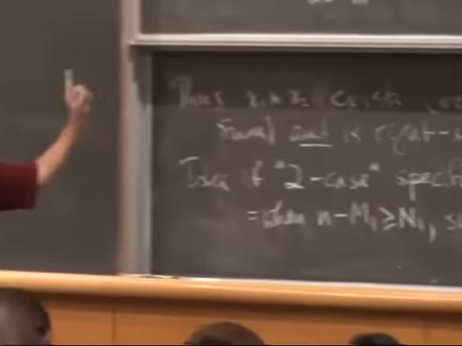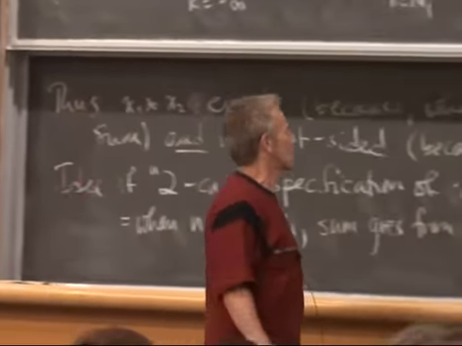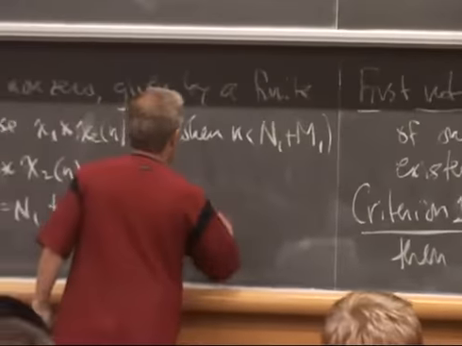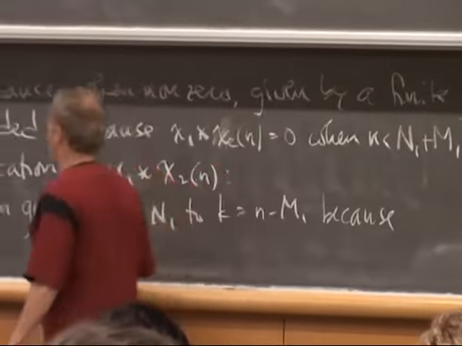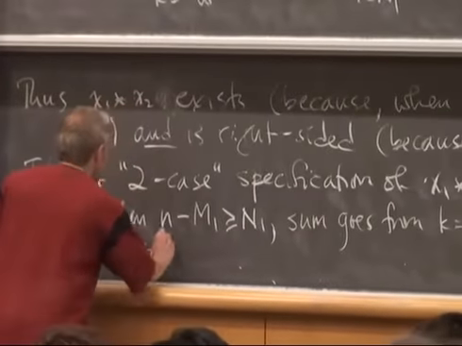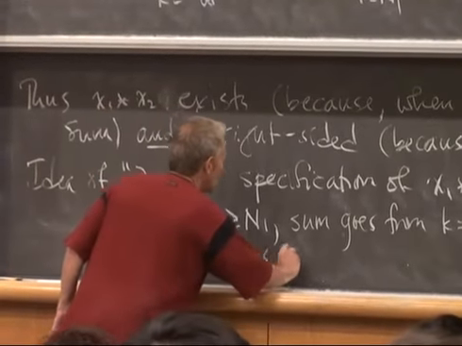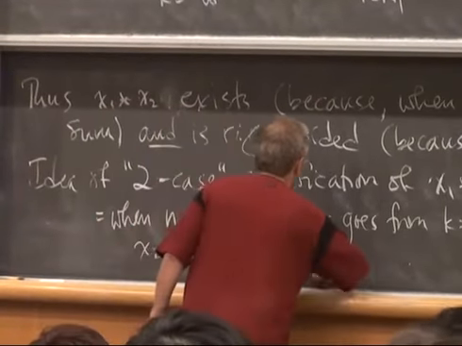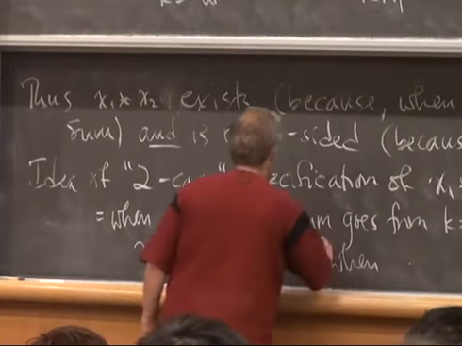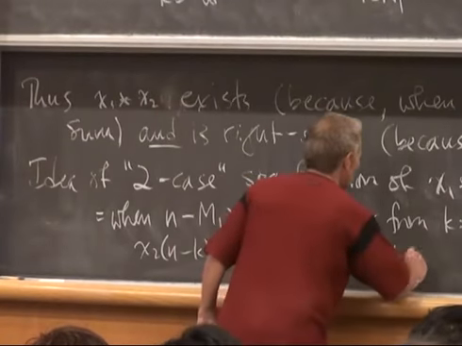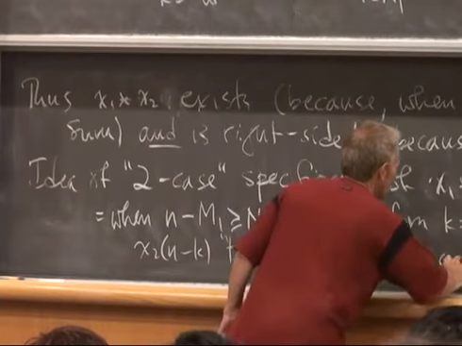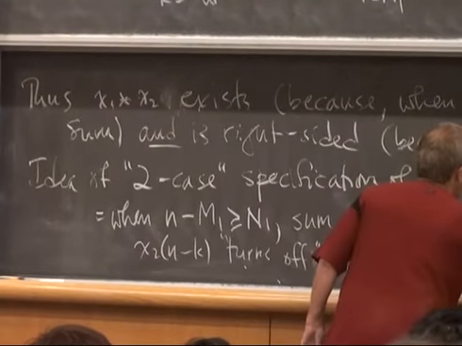Because x2 turns off when k hits n minus m1. Specifically, x2 of n minus k turns off when, I'll put that in quotes, k passes n minus m1.